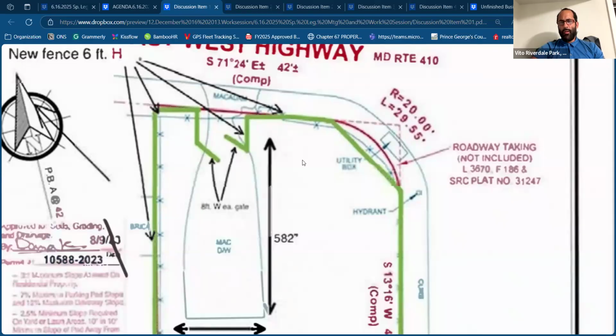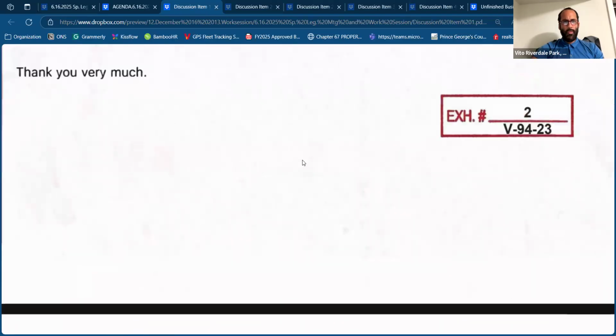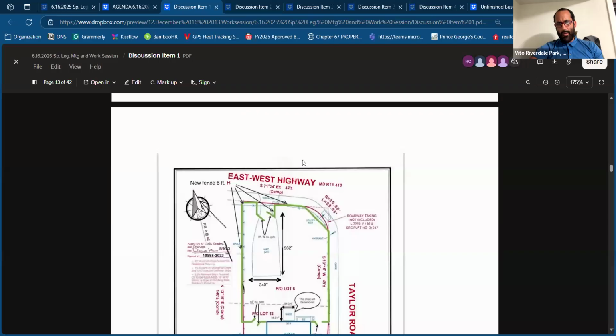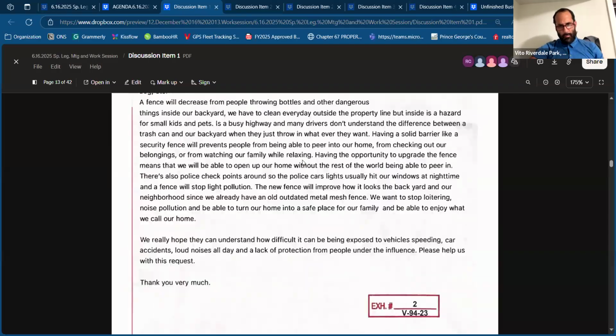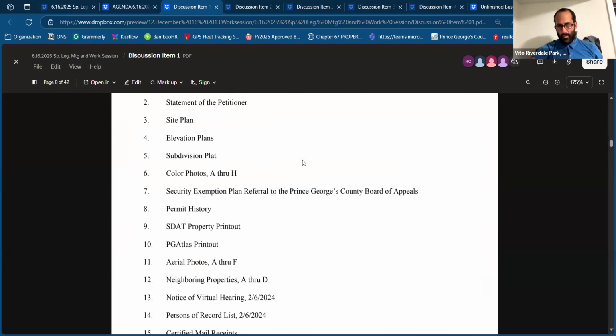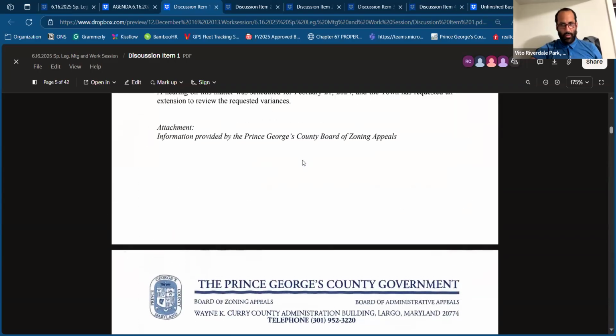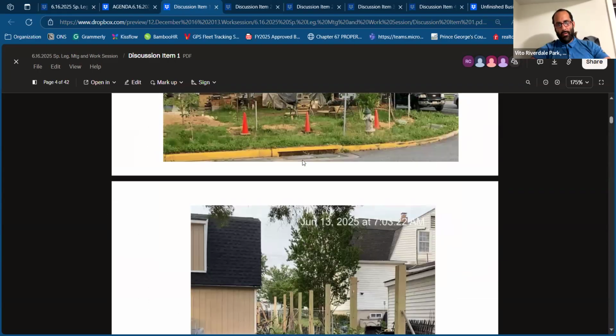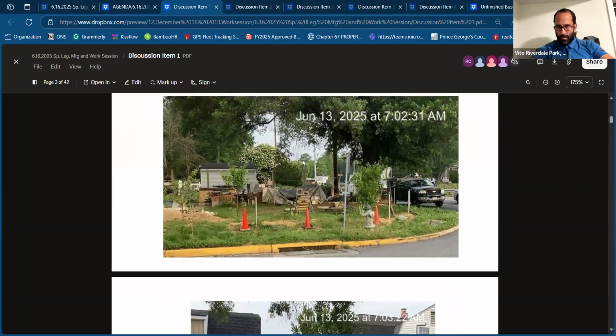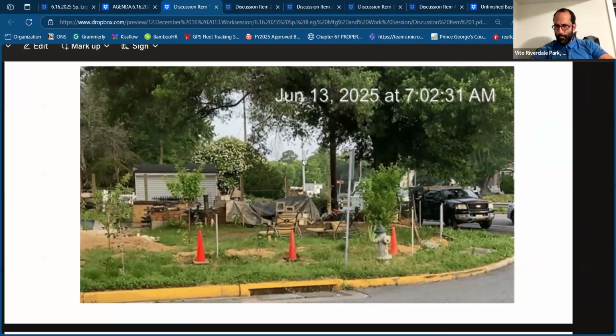I live here and I use that intersection a lot. When you stop here, you stop on the right, not on the left, so you can see the cars.